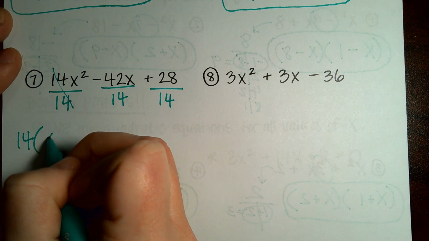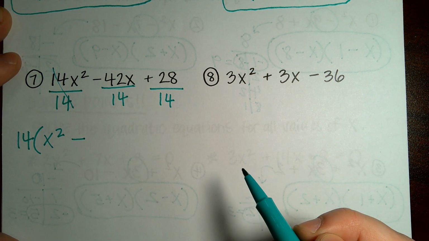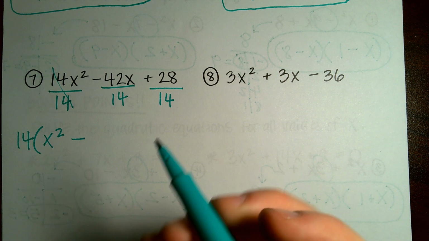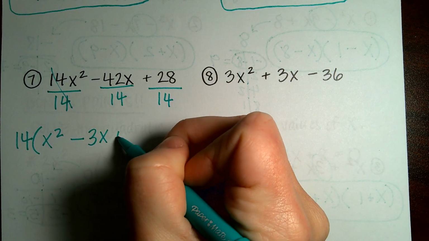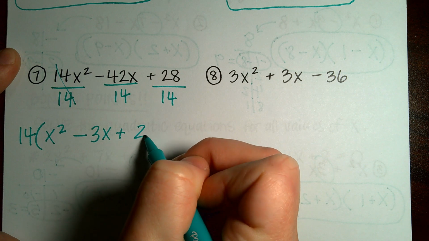I'll be left with x squared. What would my middle term be? 42 divided by 14. Negative 3. Negative 3, thank you. X. And what about my last one? Plus 2, thank you.